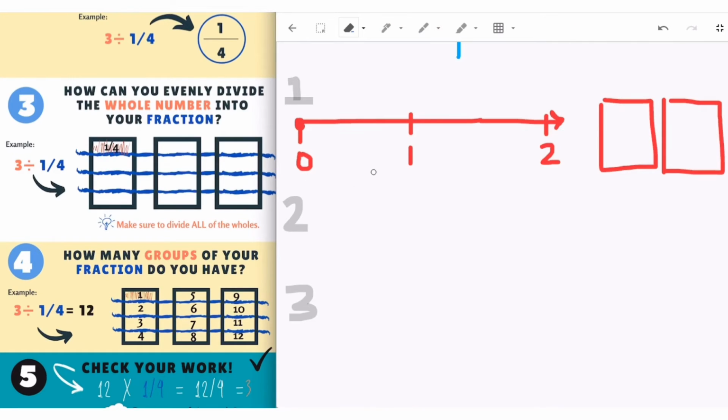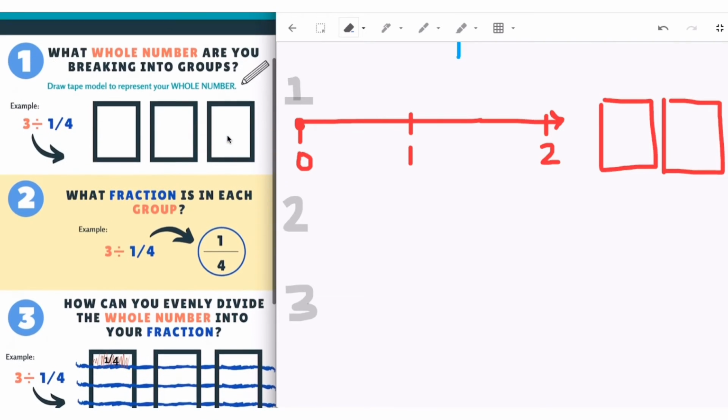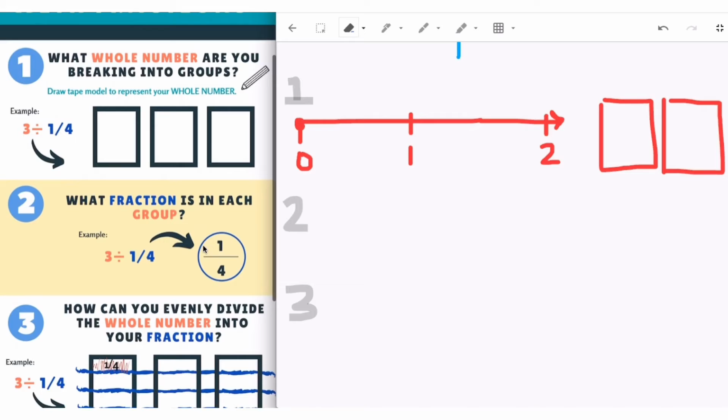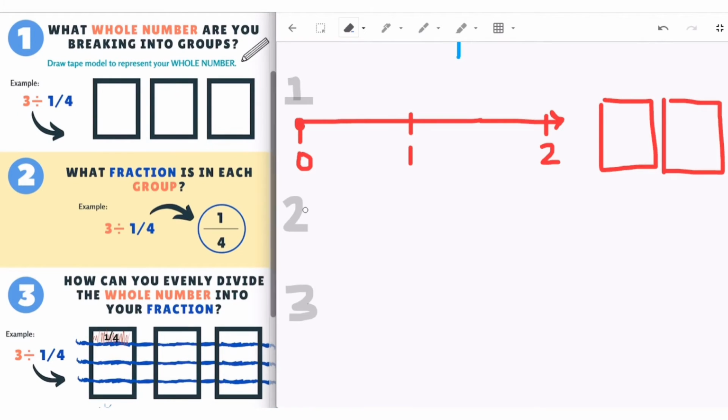Let's go back to our drawing. So again, we're at step number 1. What is the whole number we're breaking into groups? Again, we're starting with 2 feet of string. Step number 2, what fraction is in each group? So to make 1 bracelet in 1 group, we need 1/2 foot of string.